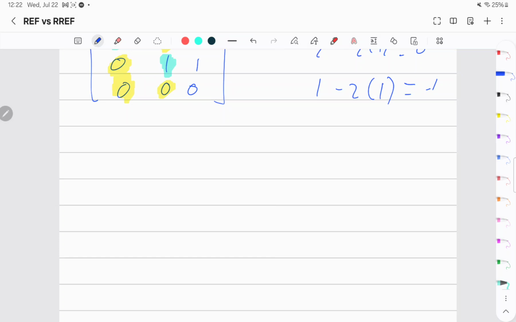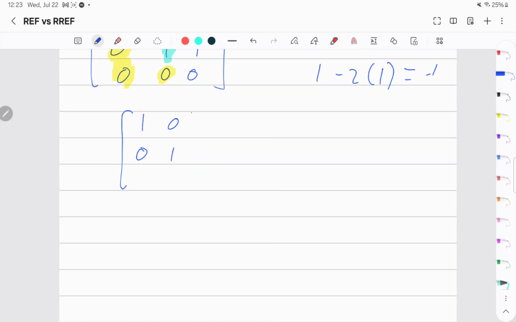Now, one question may pop into all of your heads: why are we even doing this? Why do we need this REF form or RREF form? One of the common uses is to make the solution easy to read. Let's say I have 1 0 0 1, which is in RREF form, and then minus 1 1.